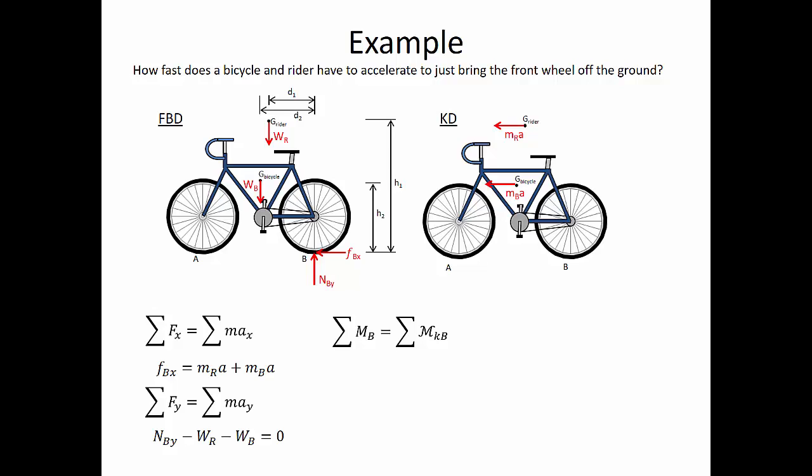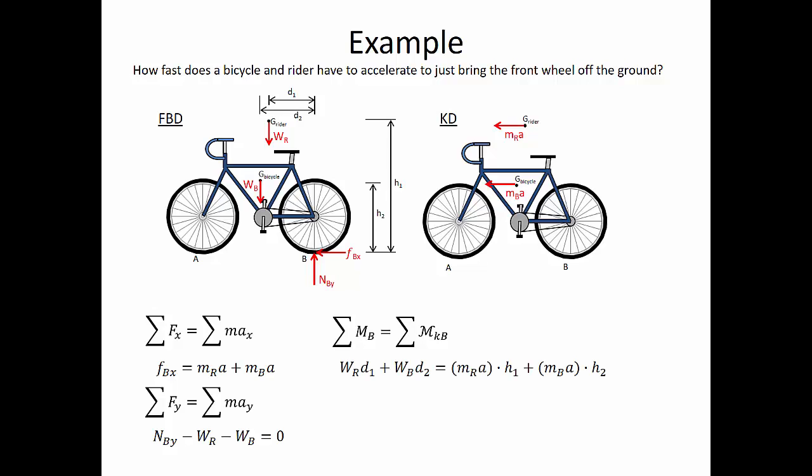If we sum moments about the point B on our free body diagram, we also have to sum kinetic moments about the same point on our kinetic diagram. If we do this, it eliminates our normal force at B and the driving force at B, making this problem much easier to solve. So let's write our equation.